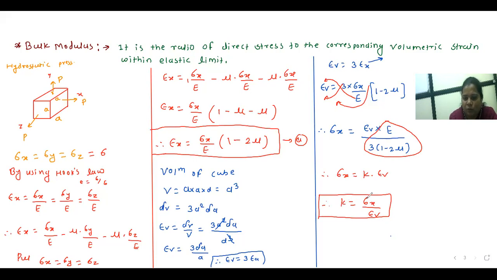K is equal to sigma x upon epsilon V, where sigma x is nothing but direct stress and epsilon V is nothing but volumetric strain.